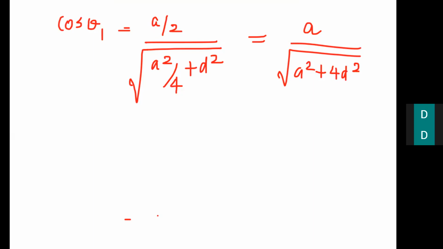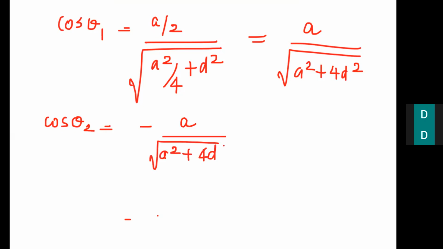Similarly, cos theta 2 is going to be minus A upon under root A square plus 4D square.